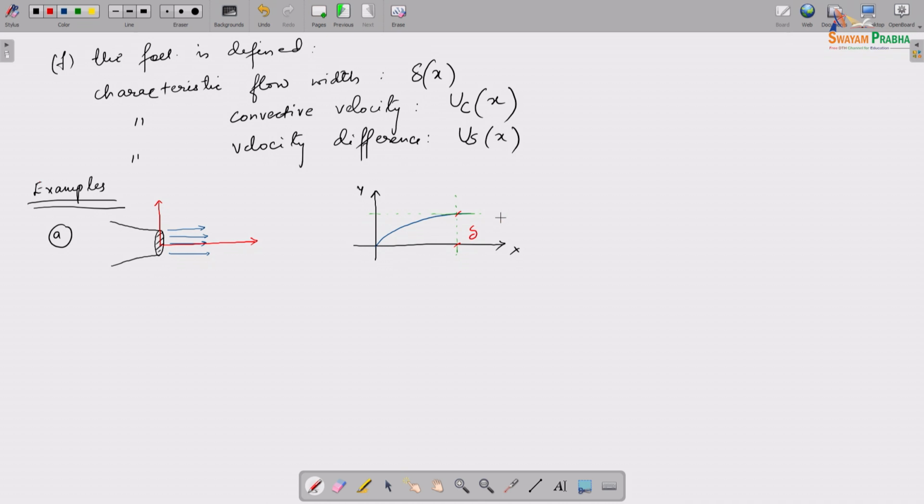This of course is the delta. Now if I were to look at this, and we just spoke about that.